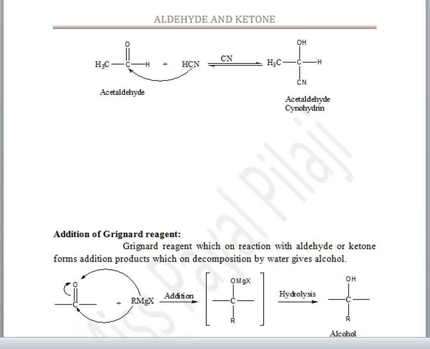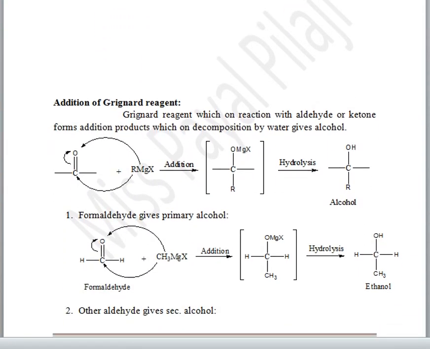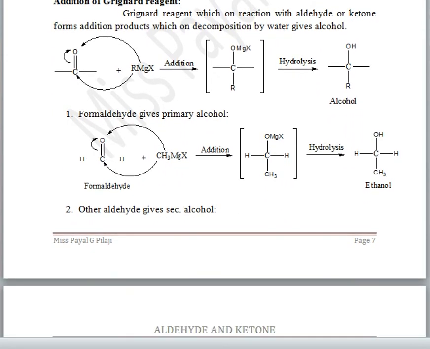The next reaction is the addition of a Grignard reagent. The Grignard reagent reacts with the aldehyde to form an addition product, which on decomposition by water gives an alcohol. So the aldehyde or ketone reacts with a Grignard reagent, RMgX. The addition product is formed, which on hydrolysis gives the alcohol.